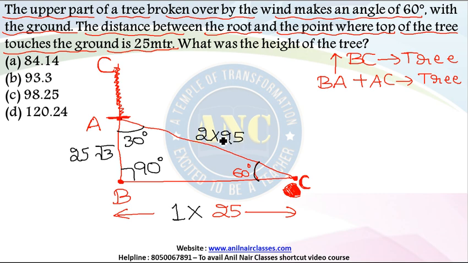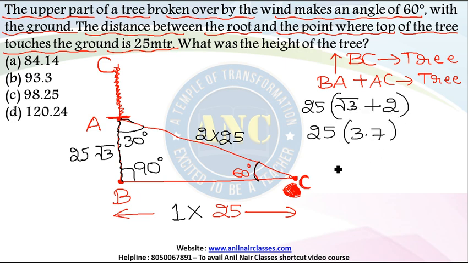That means my final answer: the height of the tree is BA value 25 root 3 plus AC value, 25 into 2. Further simplified, 25 times of 1.7 plus 2 is 3.7.